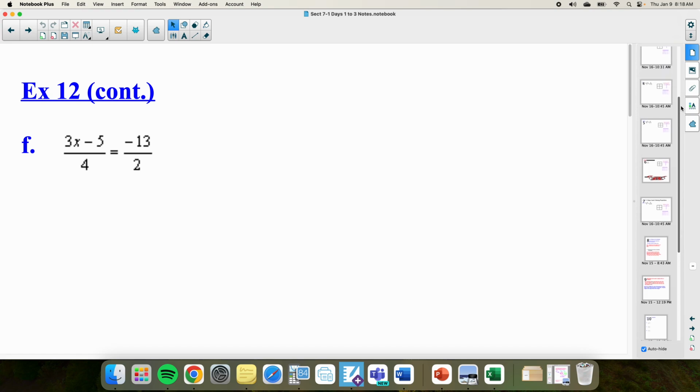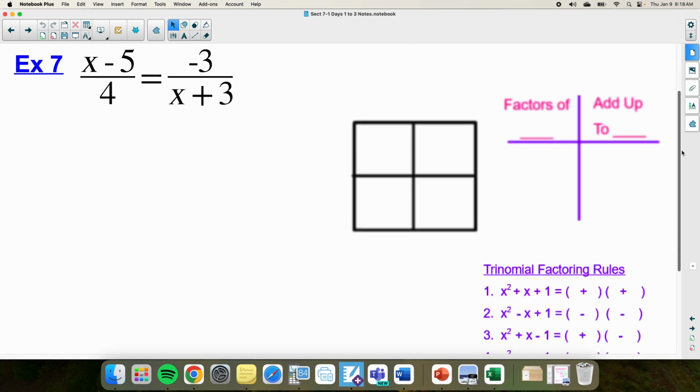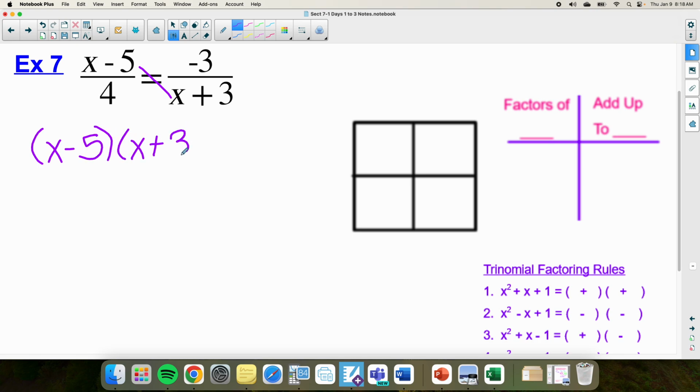All right, so if we go back here, we are first of all going to just review what we did yesterday. So we're gonna multiply these. x minus 5 times x plus 3 equals 4 times a negative 3, which is negative 12. And then remember, we do FOIL. First, outside, inside, last.